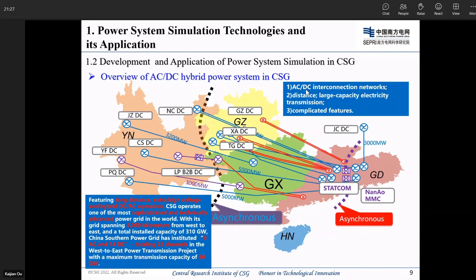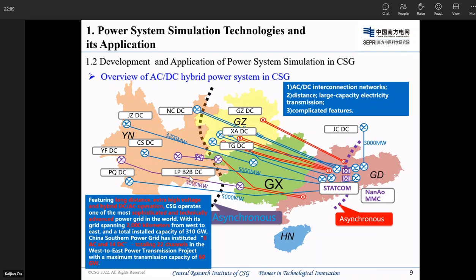You can see we have many kinds of HVDC transferring power from west to east, and the AC system also operates in parallel and is dense, with distant and large capacity transmission. So the character of CSG is very complicated.